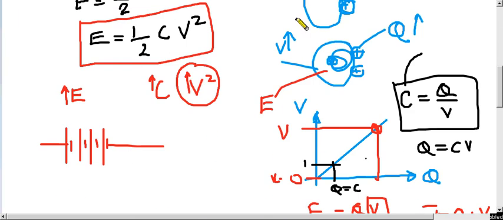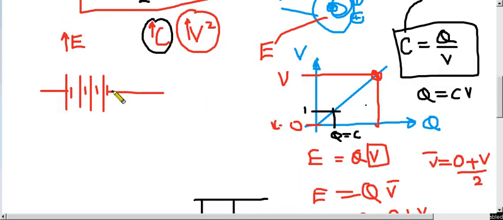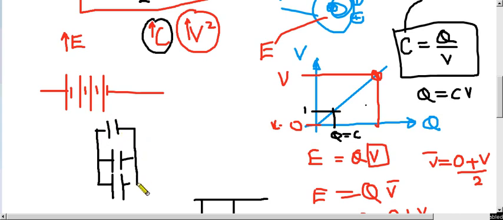Now let us consider capacitance. What is the method of connection to get maximum capacitance? We know when the capacitors are connected in parallel, we get the maximum capacitance.